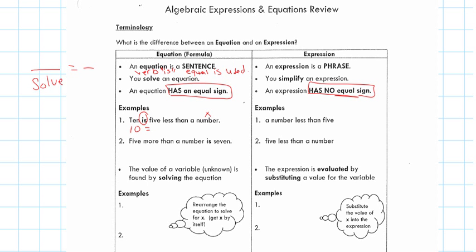You took 50 and took away 5 from it. So whatever my number is, I'm taking 5 out of it. So it's x minus 5. We know this is a sentence because it has an equal sign with it.